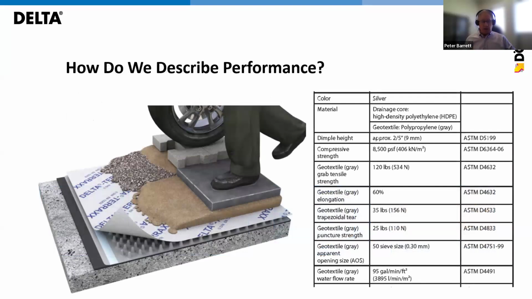So now we can talk about describing performance. Most every manufacturer will put out a technical data sheet that will consist of the type of material, as well as the properties of that material and testing results. We shall get into the testing later, but it's worth noting that not every manufacturer chooses the same tests, and not every manufacturer publishes the same information or the same amount of information.